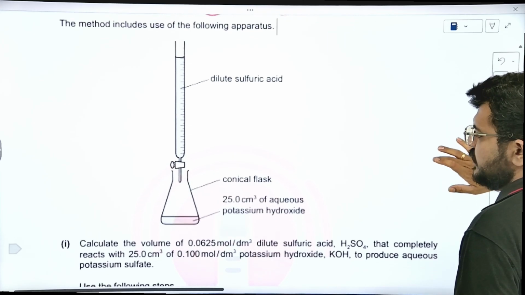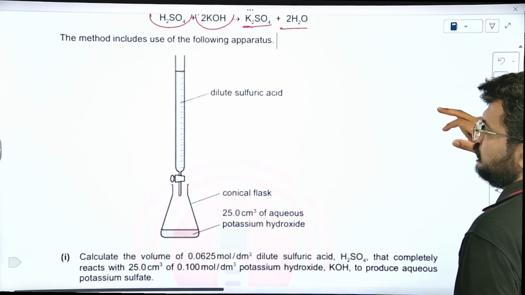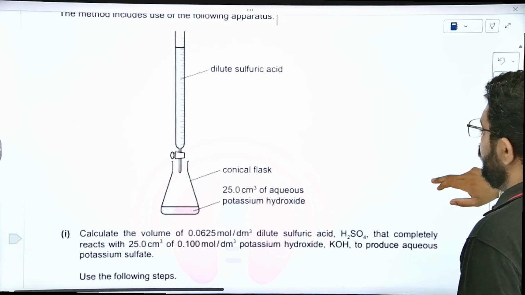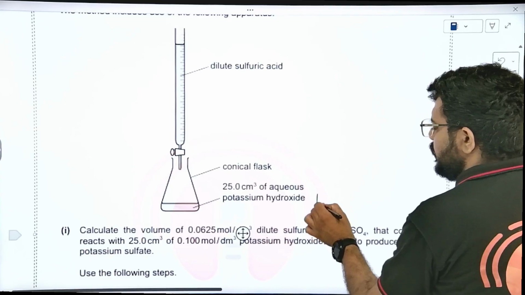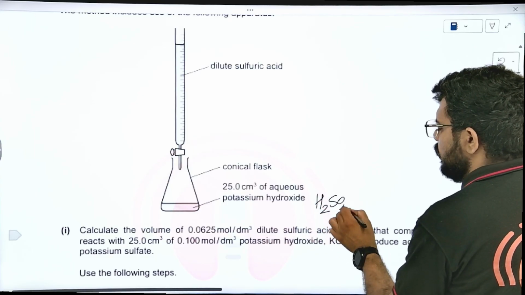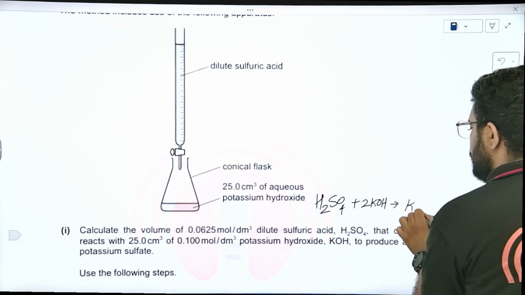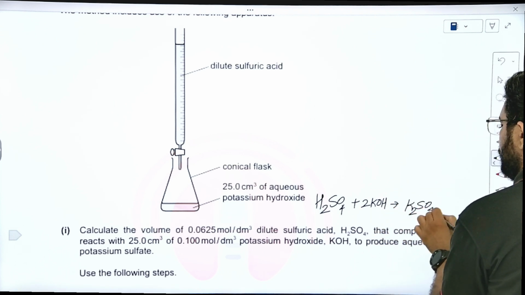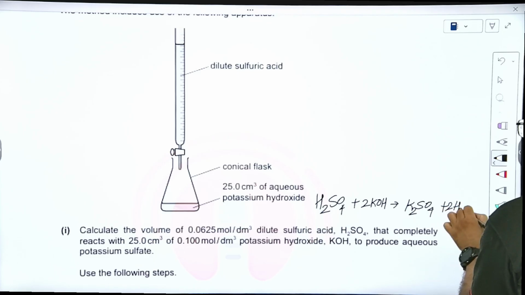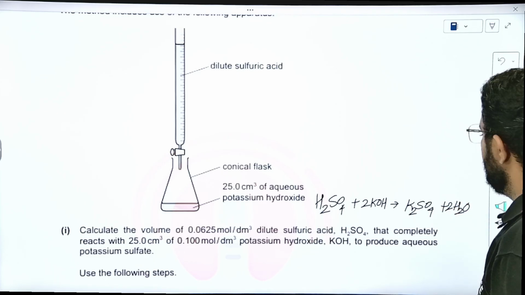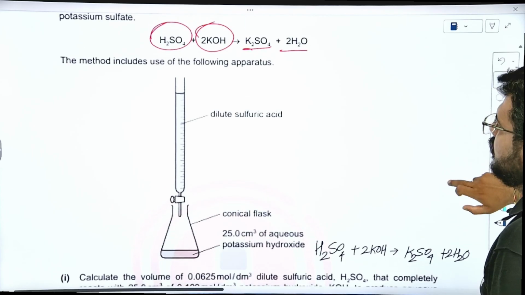They have given this diagram, right? For our understanding, let us write the equation over here so we don't have to scroll a lot. H2SO4 plus 2KOH gives K2SO4 and 2H2O, right? I think that balances the reaction as well.